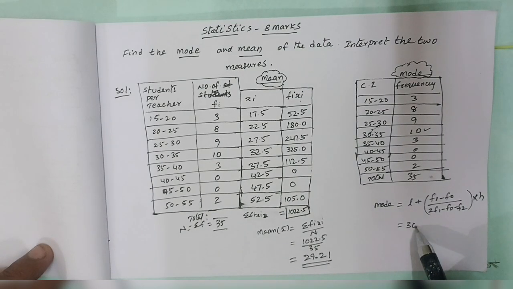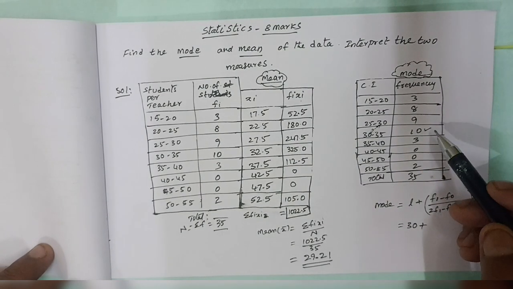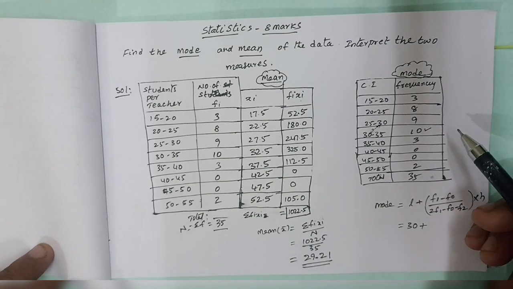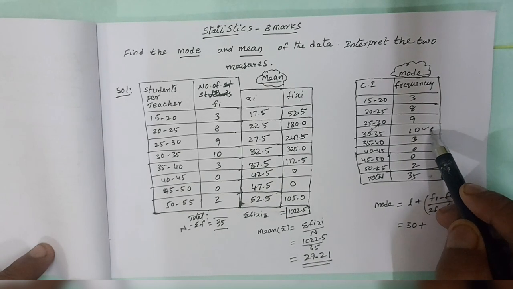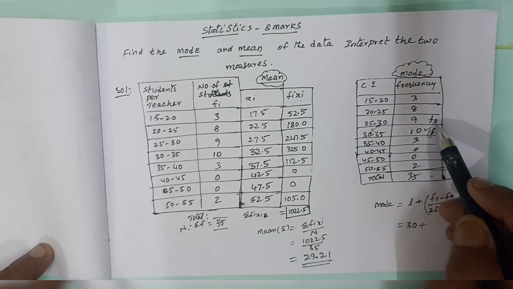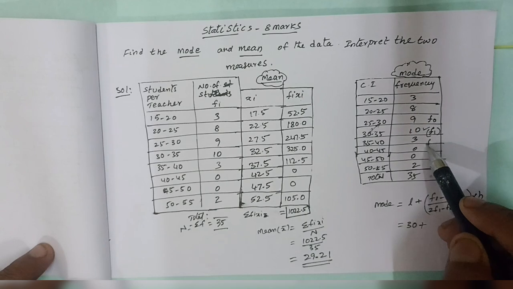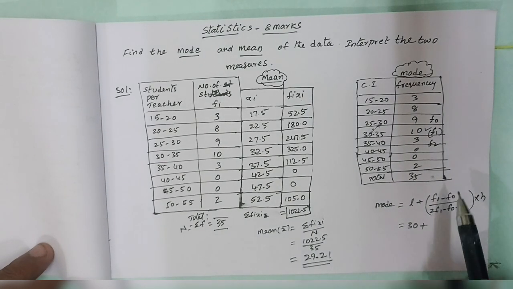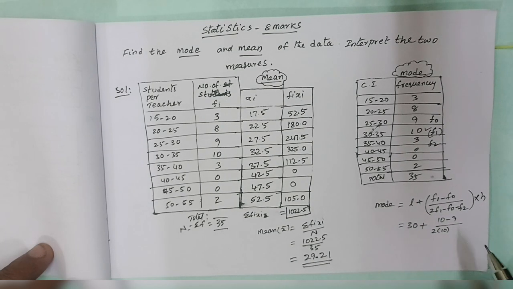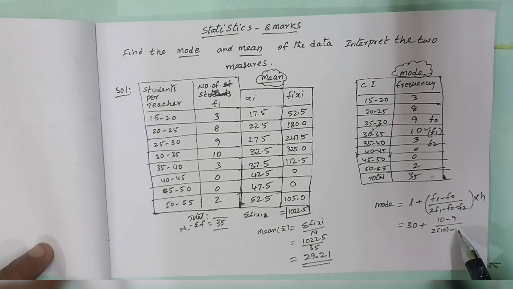L is equal to 30 plus. F1 means this is F1, this is F0, this is F2. F1 minus F0, 10 minus 9, by 2 F1, 2 tens, minus F0, 9, minus F2.